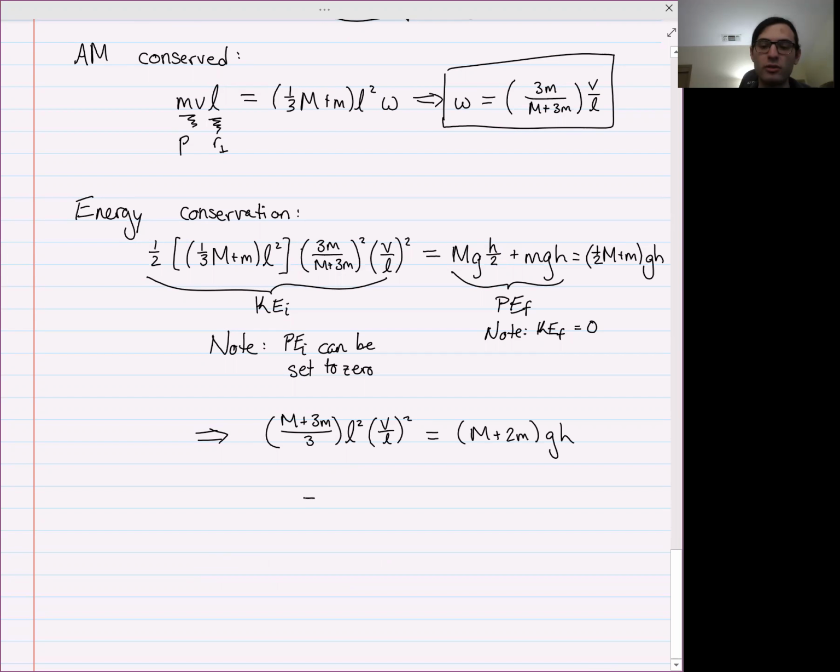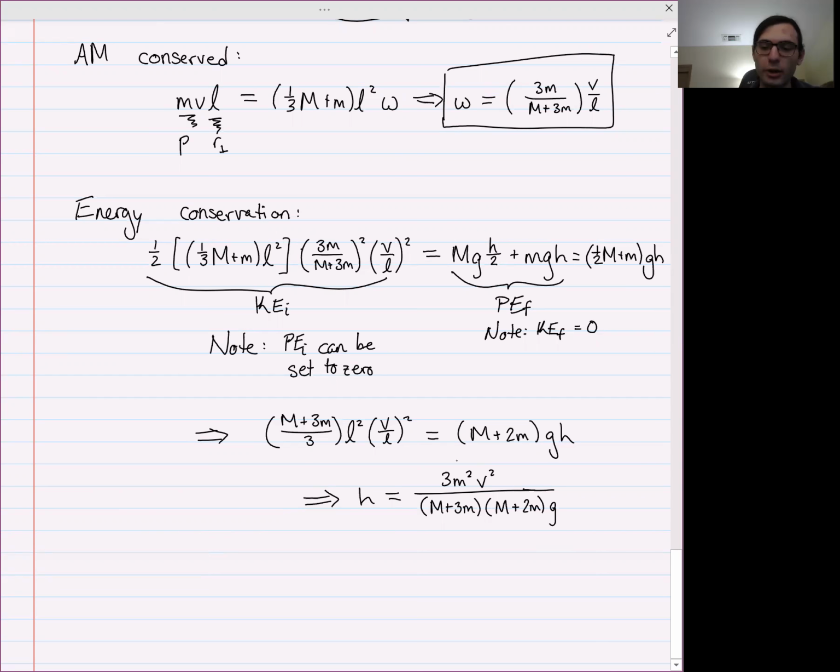And then we can solve for h. All I'm doing is solving this equation for h in terms of all the other variables. So this is 3 times little m squared times v squared, divided by capital M plus 3 times little m, times capital M times 2 plus little m, times g.